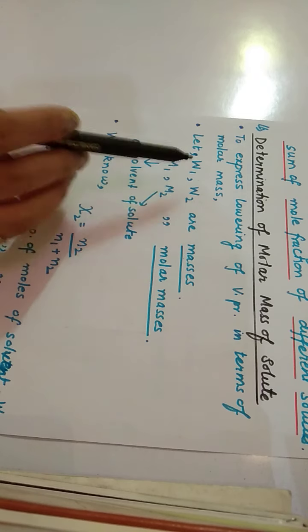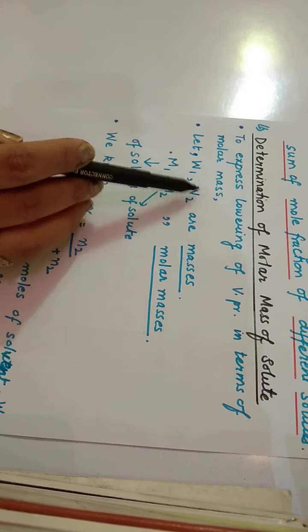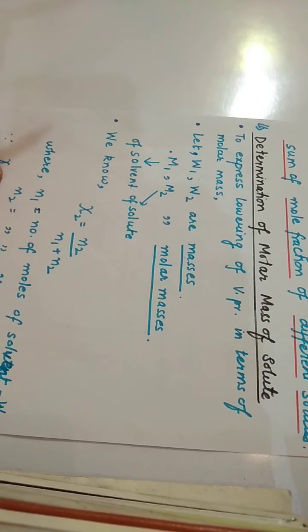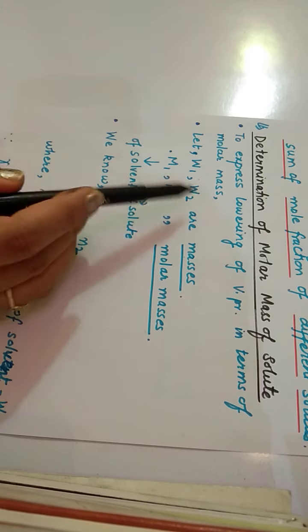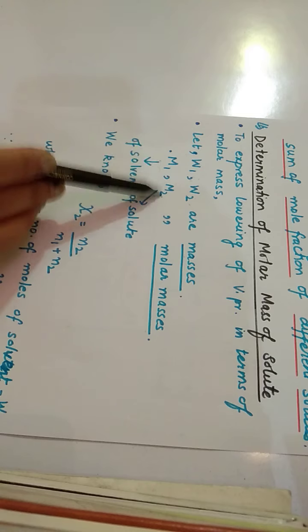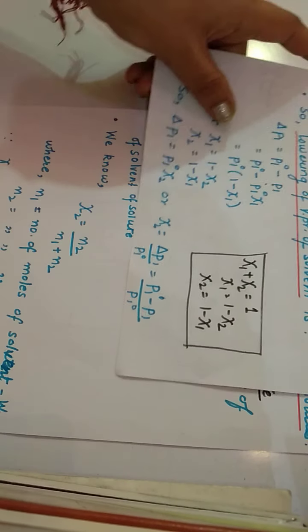W1 is the mass in grams of the solvent, and W2 is the mass in grams of the solute. So these two are for solute, these two are for solvent, these two are the masses, these two are the molar masses.